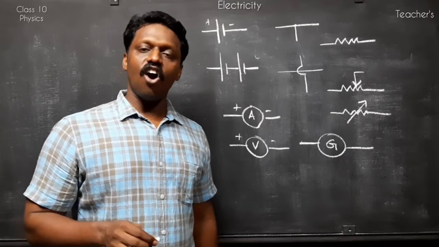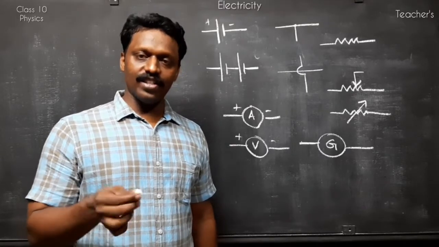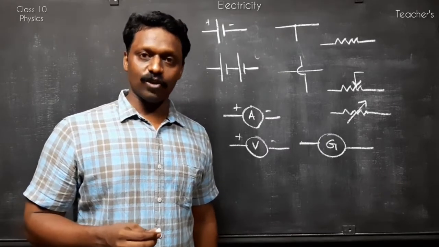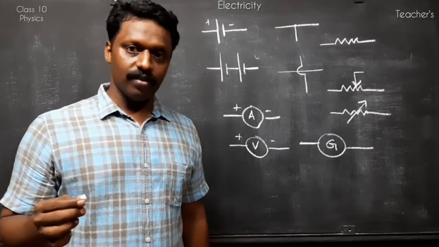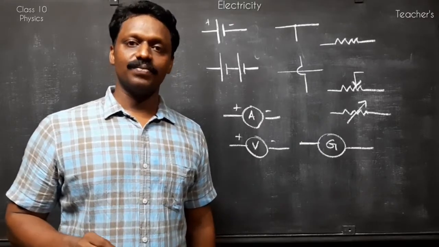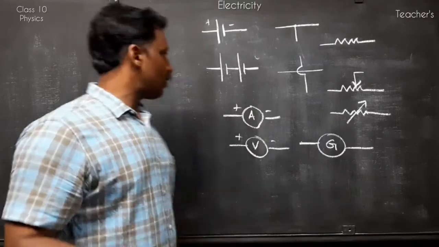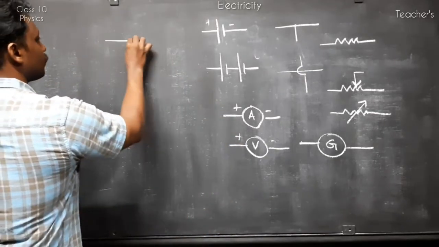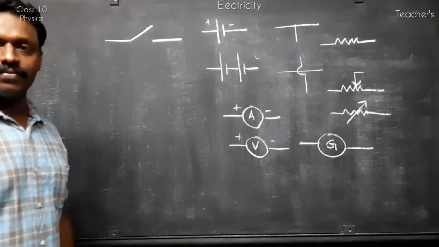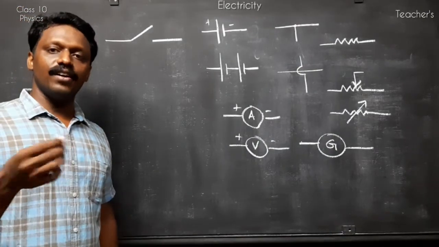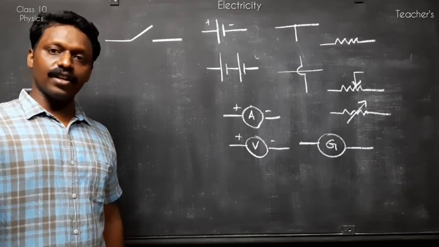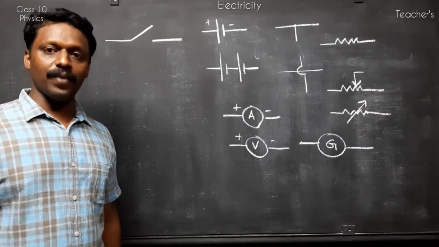The switch or plug key is a device for making or breaking an electric circuit. When the switch is open, then the circuit breaks and no current flows in it. We will represent it like this. So this is an open switch so that the current does not flow. But when the switch is closed, then the circuit is made or complete.